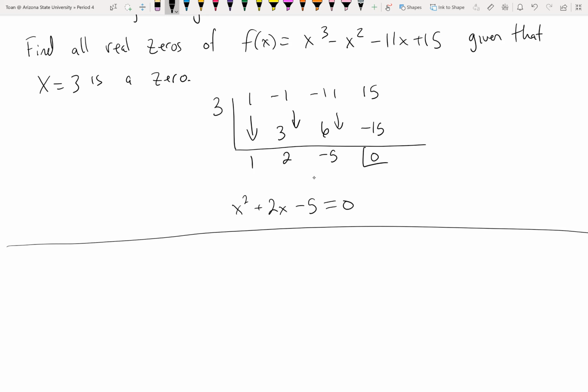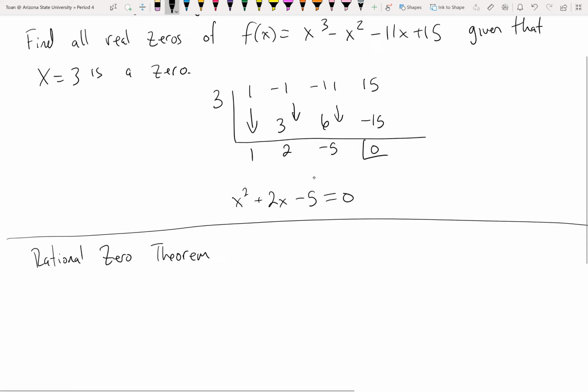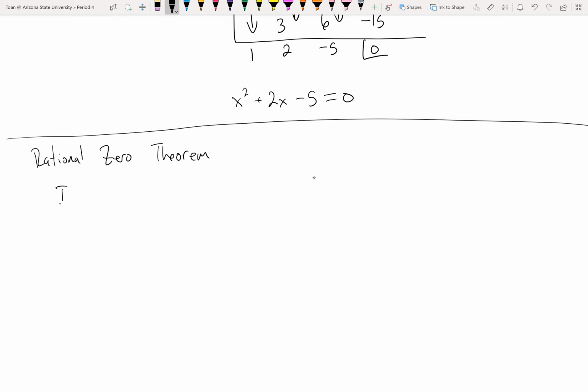Fortunately, we have this thing called the rational zero theorem. So that is the job of the rational zero theorem, is to improve our odds on blindly guessing that correct x-intercept. So this is the statement. If f of x equals, and I'll write out the full polynomial definition, if f of x equals a sub n x to the nth power plus a sub n minus 1 x to the n minus 1 power plus, and so on and so forth, plus a sub 1 x plus a sub naught.